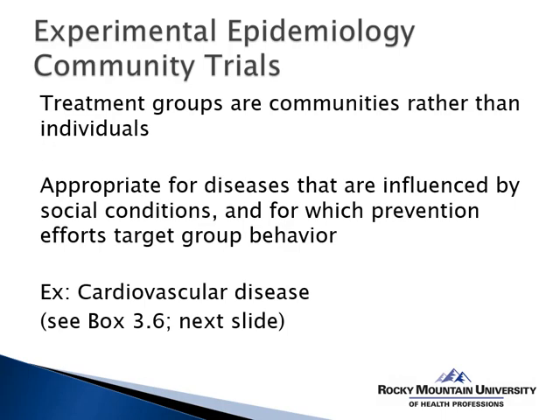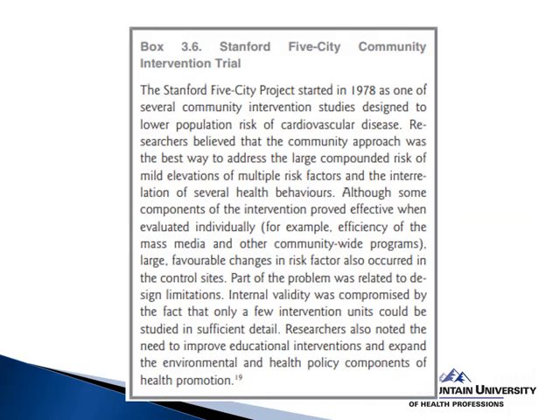Community trials, these are treatment groups consisting of communities rather than individuals. These are appropriate for diseases that are influenced by social conditions and for which prevention efforts target group behavior. So an example of this is related to cardiovascular disease here on this slide from box 3.6.